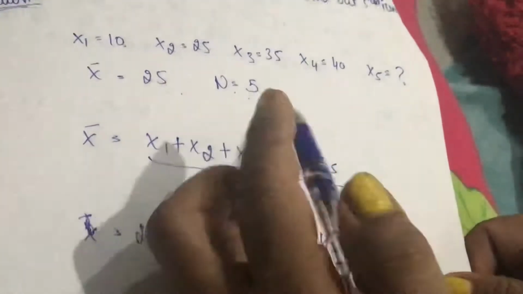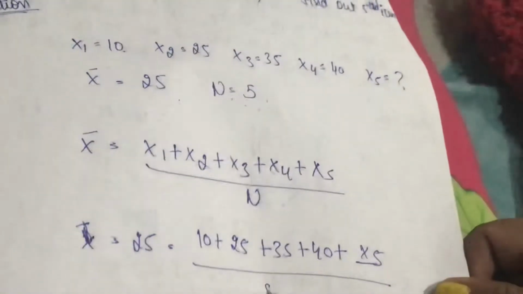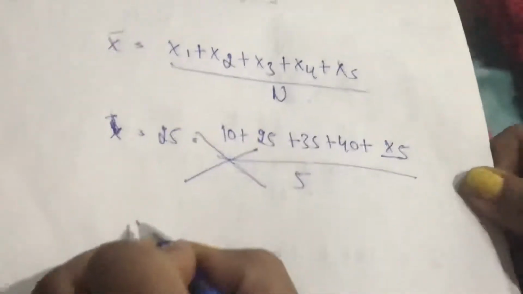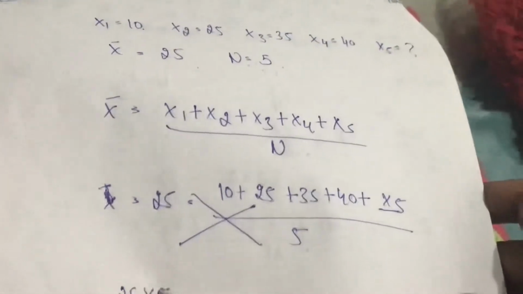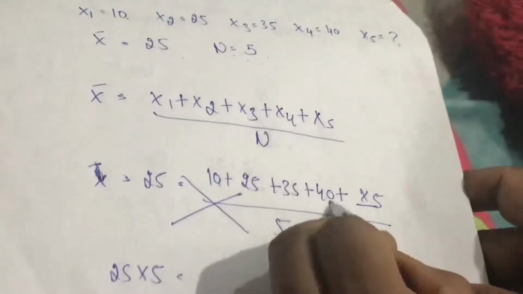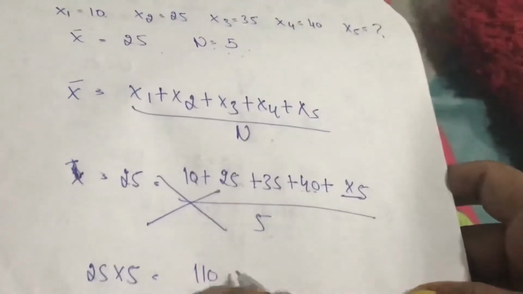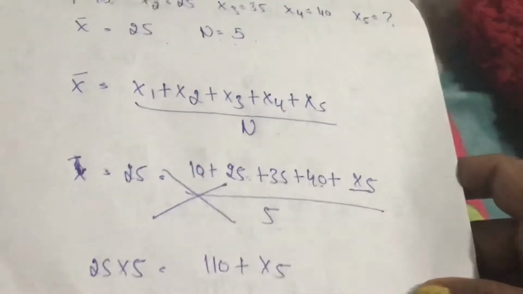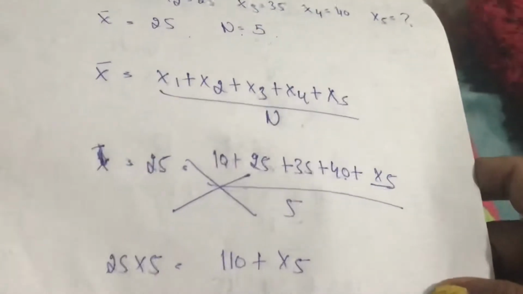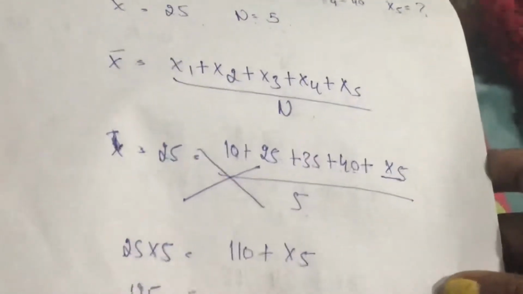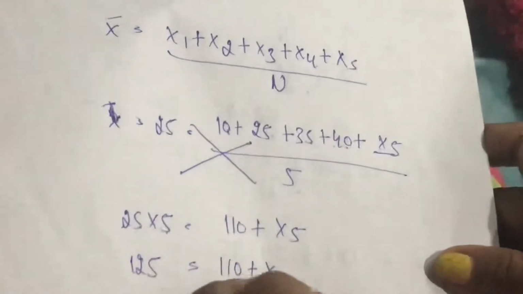Number of items, how many? 5 items. So let us cross multiply: 25 into 5, and I am adding all the numbers. What are we getting? 110 plus x5. Is it clear? Now 25 into 5, that is 125, equal to 110 plus x5.